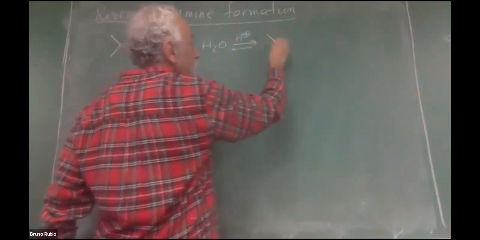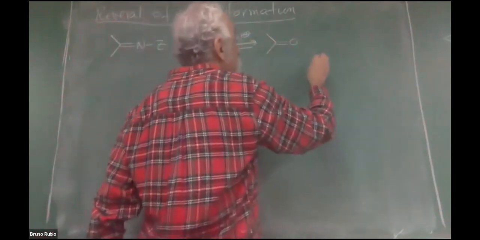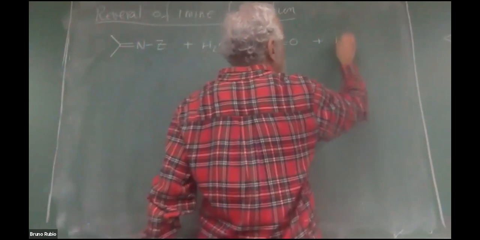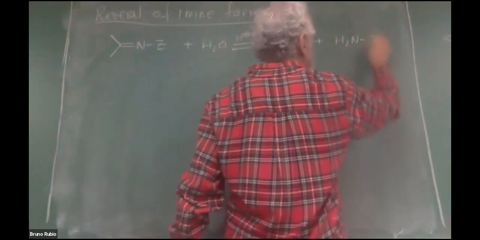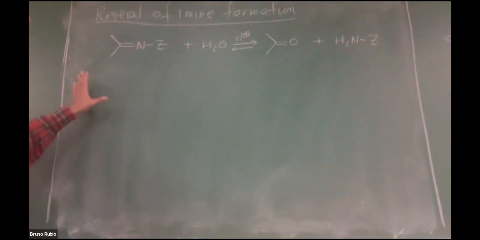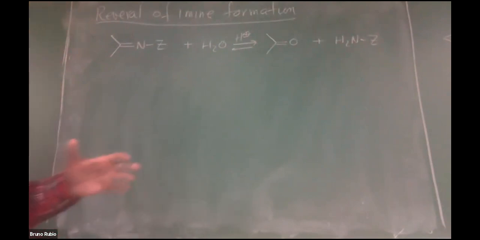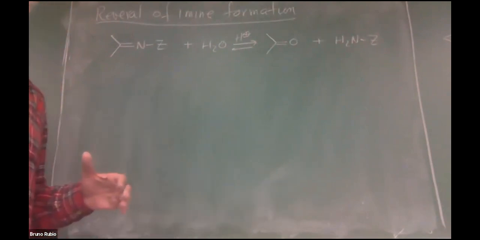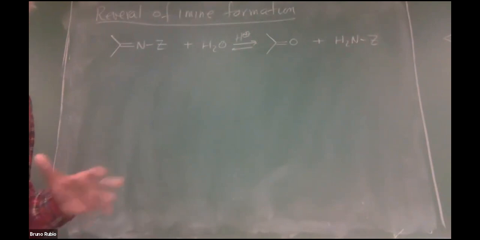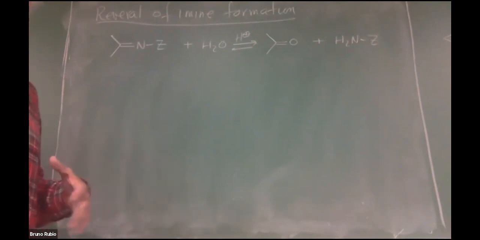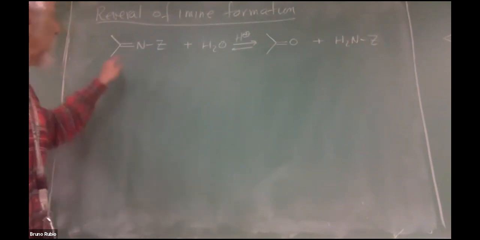The imine carbon goes back to a carbonyl carbon, and the imine nitrogen reverts to a primary amine nitrogen. So let's write the mechanism for the formation here. Okay, and so this mechanism has points of contact with our hemiacetal and our acetal mechanisms, but now we're dealing with nitrogen instead of oxygen.